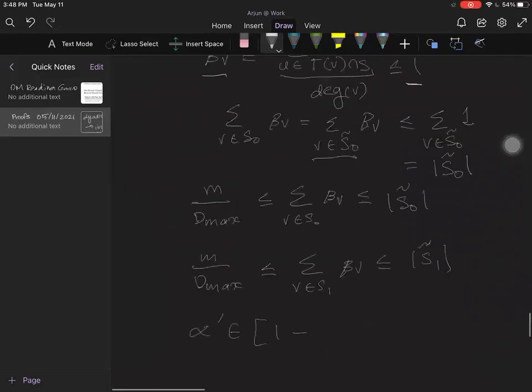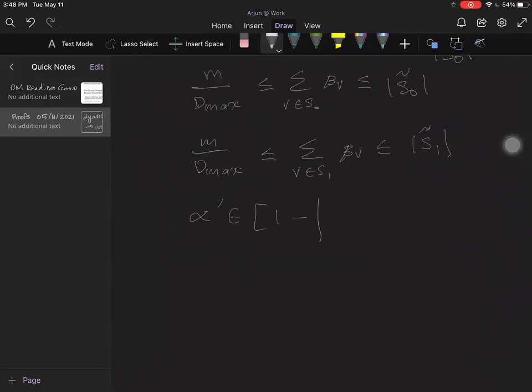It's going to be 1 minus this fraction plus this fraction.